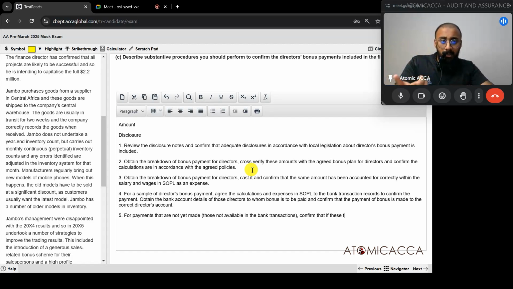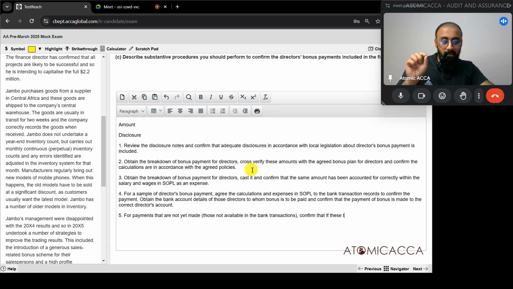If they have not met the target also, payment will not be made and it will not be there in the bank transaction. At the same time, this will not be a liability either because they didn't meet the target. So first thing is I want to confirm if they met the target or not. If they met the target and if it's not paid, then it's a liability. Okay.